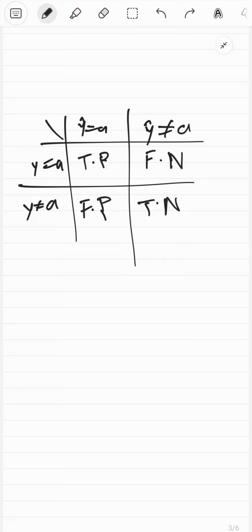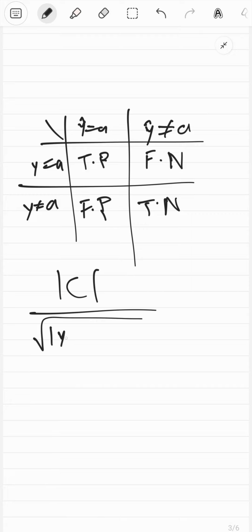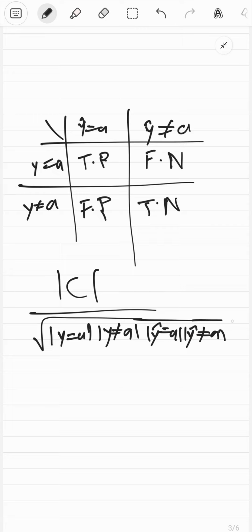Essentially, let's say the confusion matrix is given as C, which is the determinant of C upon the square root of y equal to a, y not equal to a, and then y hat equal to a and y hat not equal to a. And that's your Matthews coefficient.